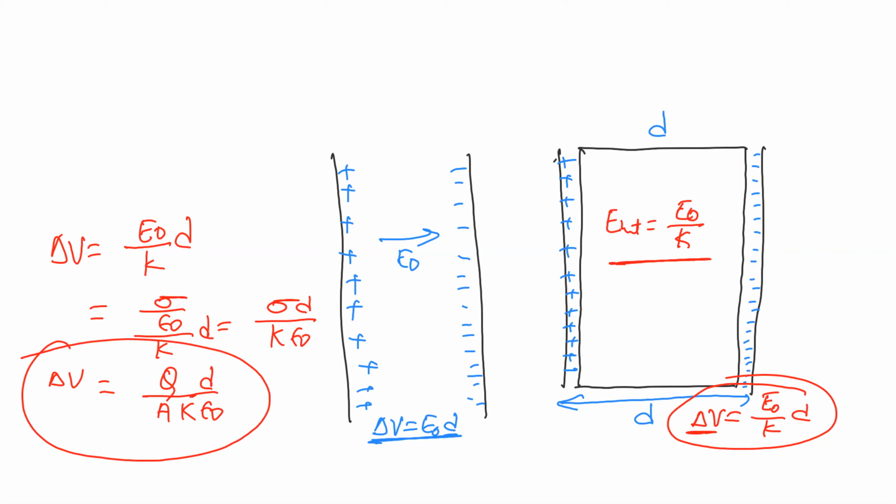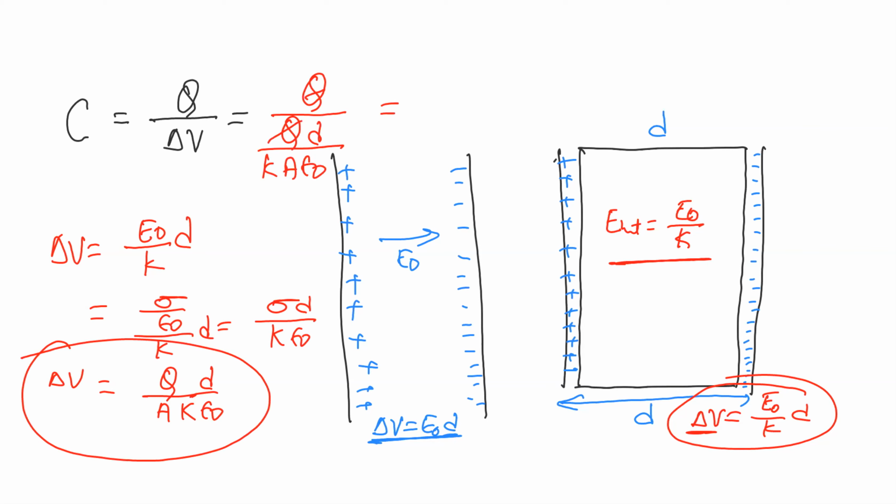Now the capacitance calculation is quite simple. C is equal to Q, whatever charge we have given, divided by delta V. Q divided by delta V gives Q D by K A epsilon naught.